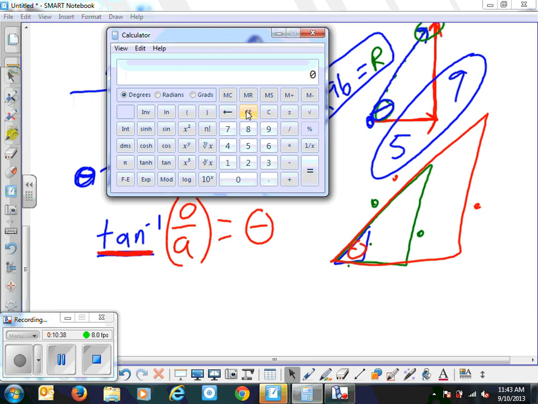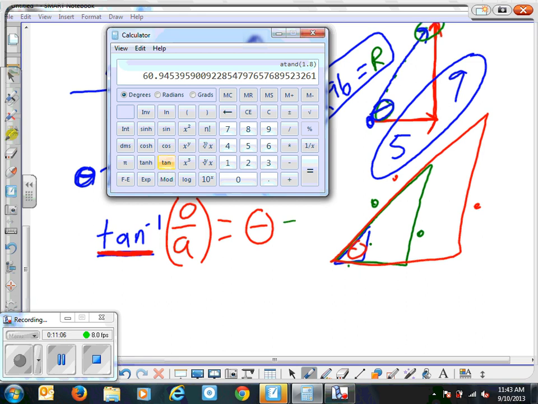But in this case, my opposite is 9, my adjacent is 5, so I go 9 divided by 5, and I have that ratio. And now I want to tell the calculator, hey, what angle do I get with this ratio? So then I put in my inverse tangent right here, and it gives me a number. So my angle in this case then should be equal to 60.95 degrees. Okay?